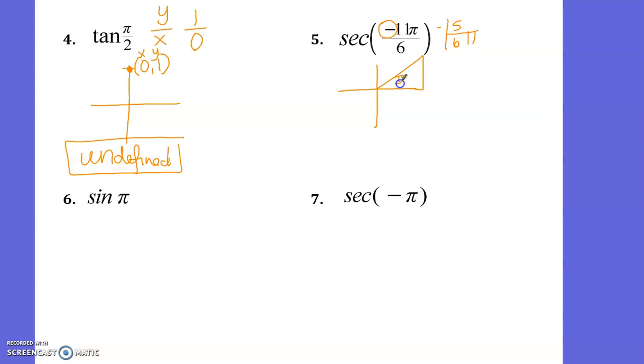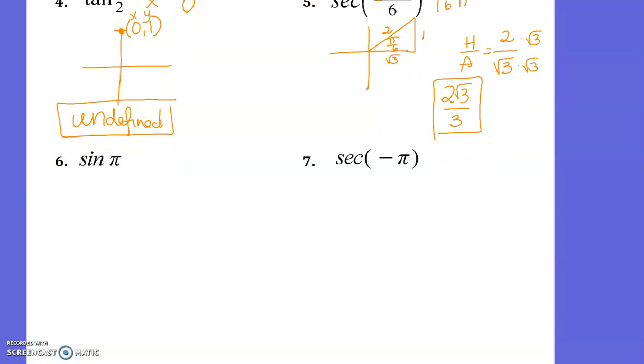And I have a reference angle of pi over 6. Labeling my triangle. Secant is hypotenuse over adjacent. So the hypotenuse is 2, adjacent is √3. Rationalize the denominator: 2√3 over 3.